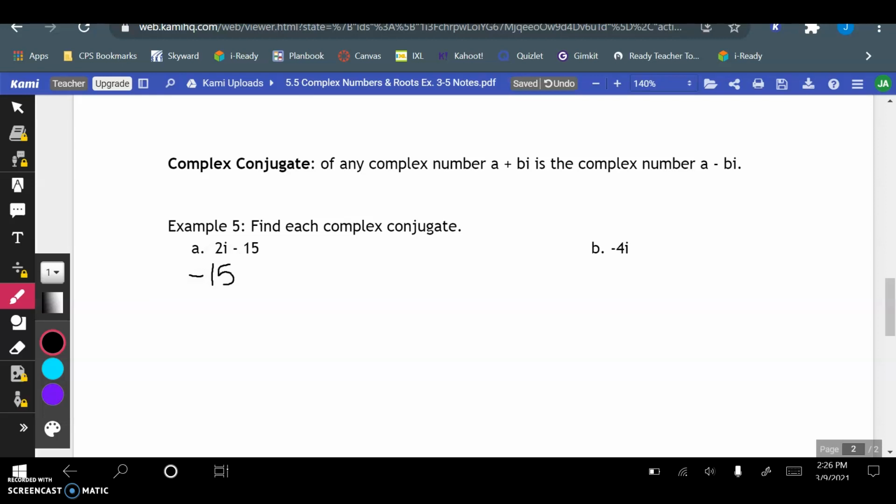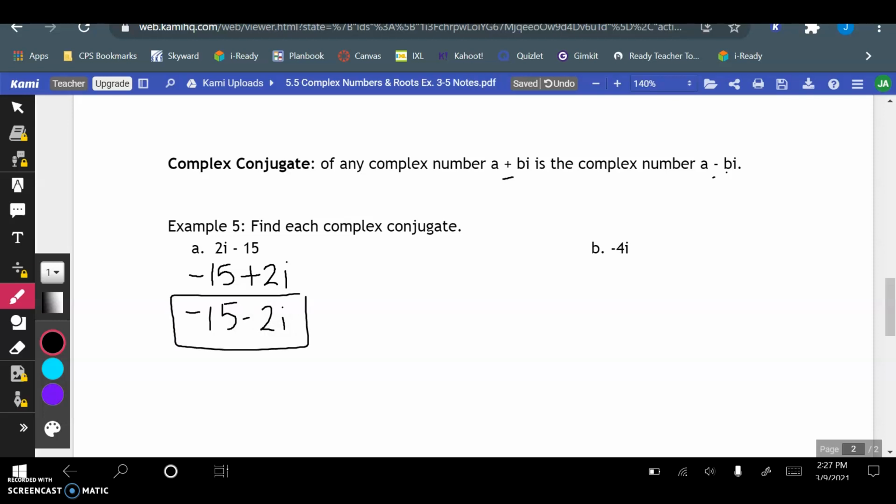The 25 is negative because it's a minus in front of it. The 2i is positive. So now we just changed that plus sign in the middle. It started as this, and now it's negative. So negative 25 minus 2i. And that is your answer.